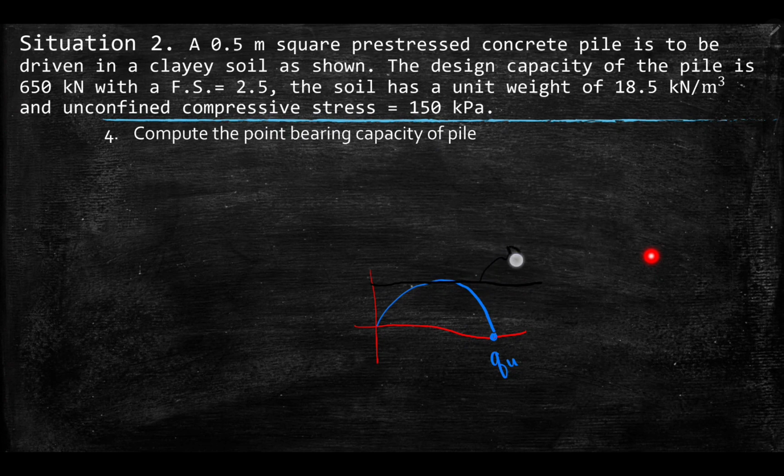When we are looking for cohesion, this is our cohesion. Therefore, solving for the cohesion, it is only one half of QU, because the cohesion in the unconfined compressive stress is just the radius. Therefore, cohesion is just 1/2 of QU.